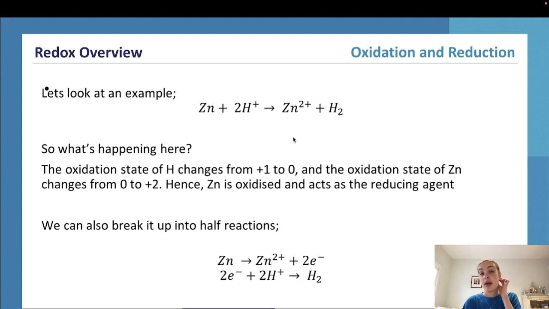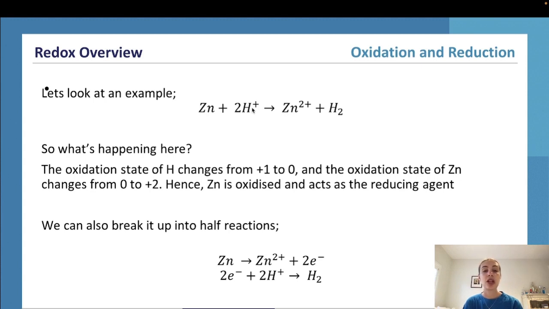And our other rule states that anything entirely made up of one type of element has an oxidation number of 0. Hence, hydrogen gas, or H2, has an oxidation state of 0, whilst H+, our hydrogen ions, has an oxidation state of +1.